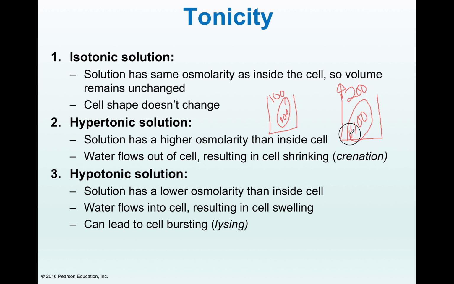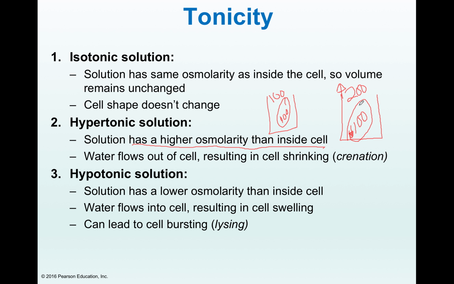And 100 is a smaller number, so I'm going to put a downward arrow on it. So looking at and comparing these two, this is a larger number. So my solution compared to my cell is a hypertonic solution. Hypertonic solution has a higher osmolarity than inside the cell, 200 versus 100.